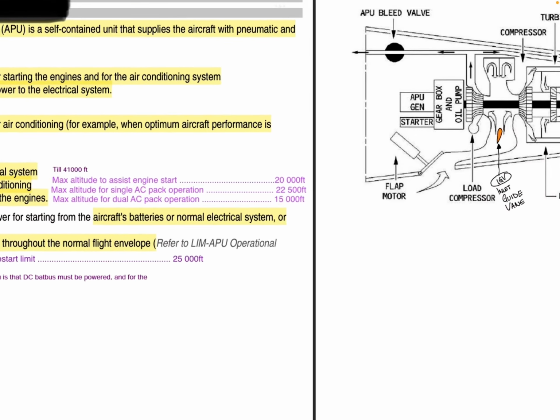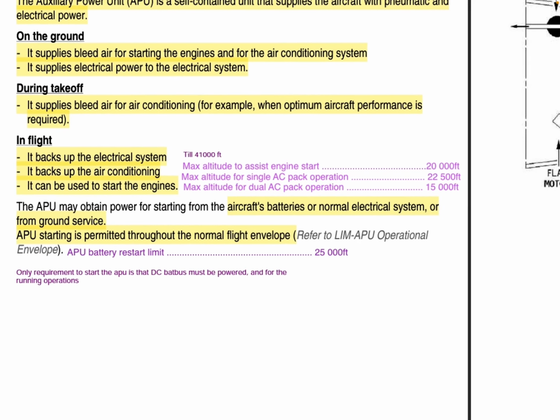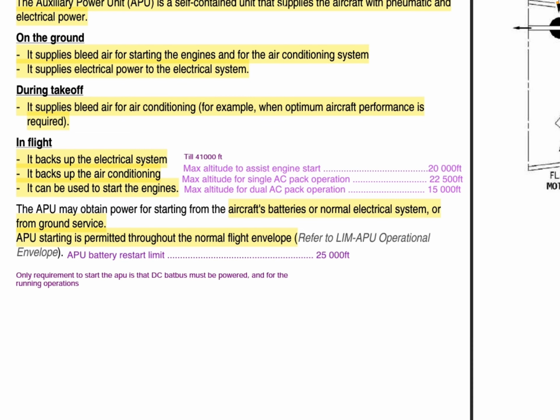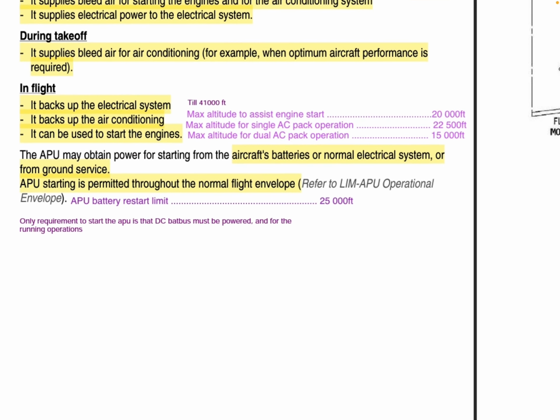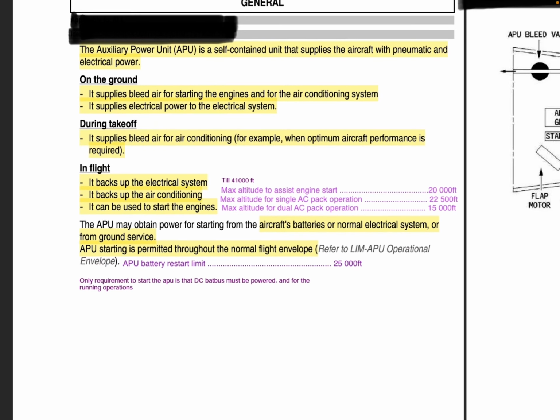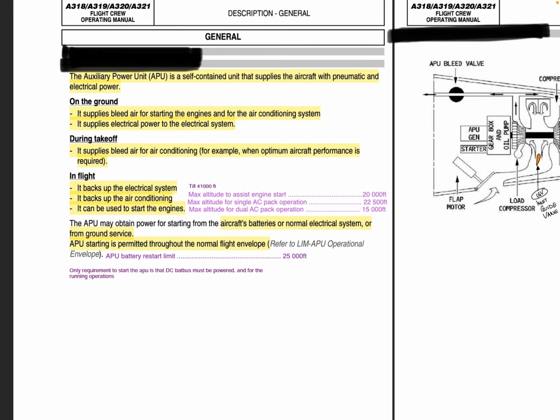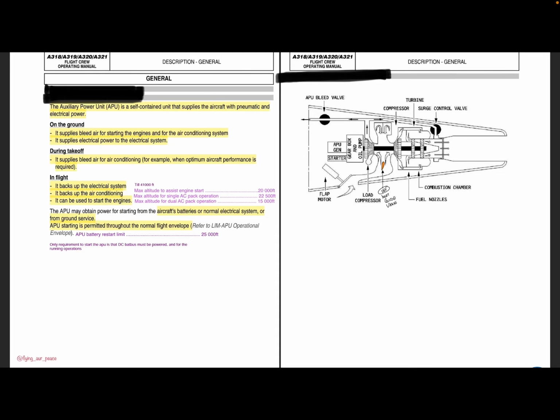So here are some limitations of APU I have written. APU batteries can support APU start at or below 25,000 feet. This is all written here in this page of FCOM.